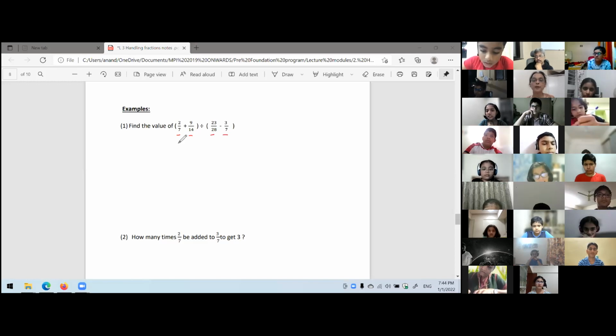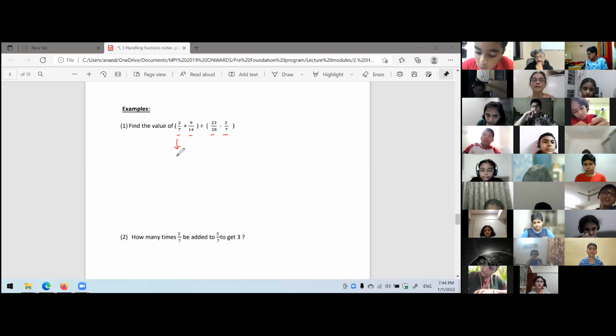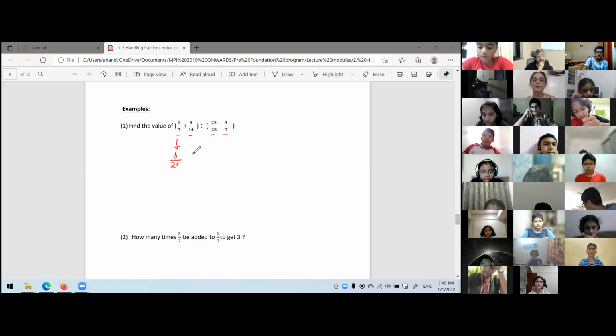So I can quickly convert them to denominator 28. 7 fours are 28. So 2 fours are 8. So 2 upon 7 is 8 upon 28. Then 14 twos are 28. So 9 twos are 18. So 9 upon 14 is 18 upon 28.